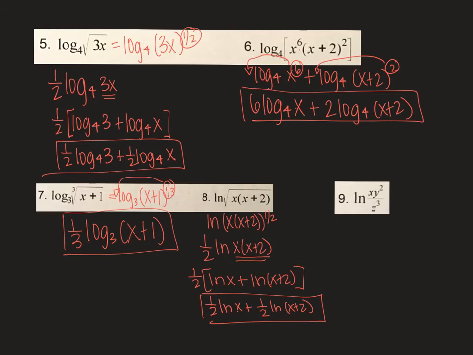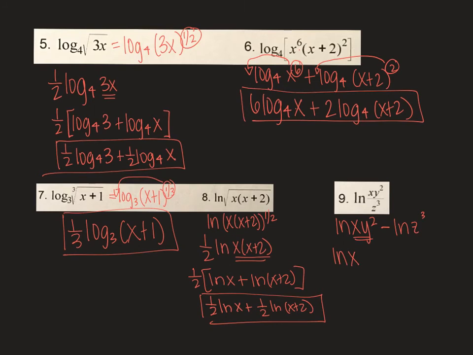And then in number 9, we've got the natural log of x times y squared over z cubed. So I'm going to take care of this division first, because remember, fractions are just division. So ln of x times y squared minus the ln of z cubed. And then I'm going to take care of this multiplication.